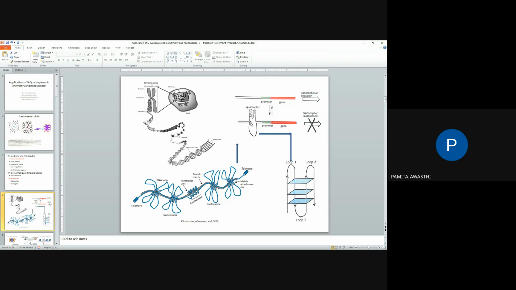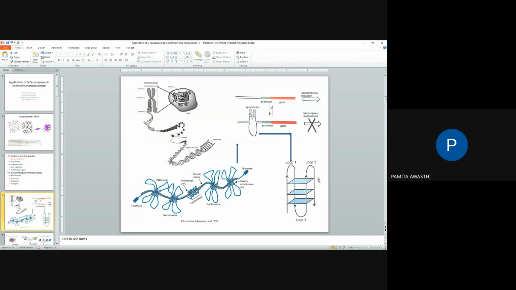So this is what has been observed, and the role which is being played by the quadruplex. We have discussed this structure in detail in our first lecture, the different types of quadruplexes in different structures that have been solved by X-ray or NMR crystallography.